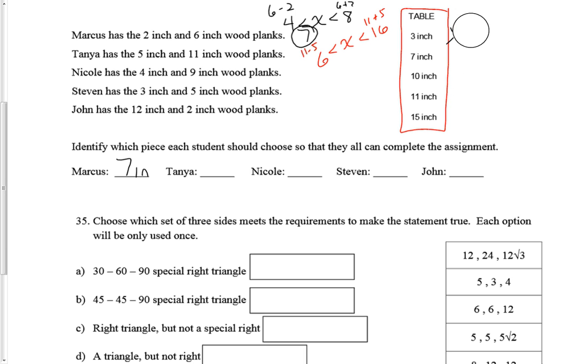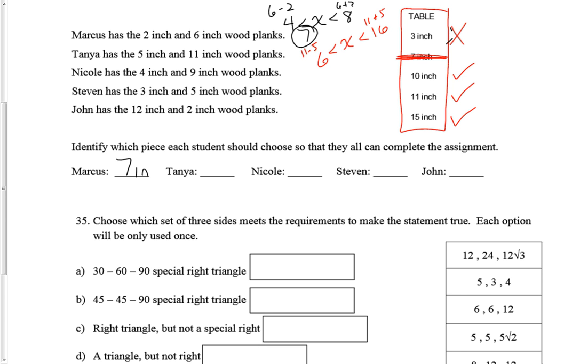So I go back to the table. I know that 7 is no longer an option because Marcus has that one. And 3 is not bigger than 6. 10 is bigger than 6 and smaller than 16. 11 is bigger than 6 and smaller than 16. And 15 is bigger than 6 and smaller than 16.